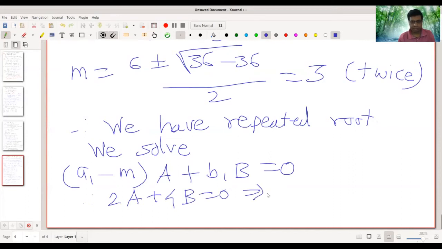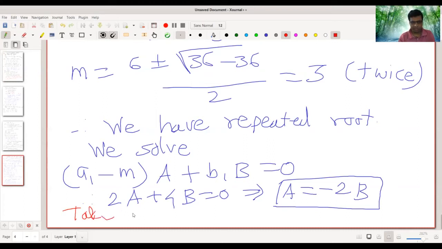This gives a equal to minus 2b. Okay, so let us take b equal to 1 so that a equal to minus 2.